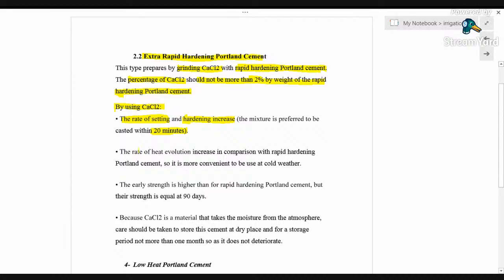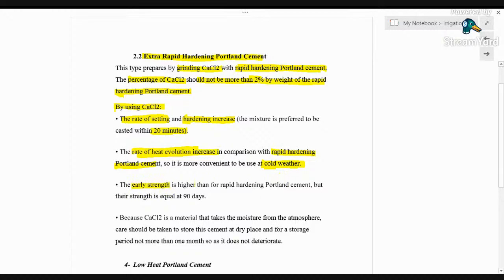The rate of heat of evolution increases as compared to rapid hardening Portland cement, so it is more convenient to use in cold weather. Generally, when we are designing a structure where the weather is very cold, we can use this extra rapid hardening Portland cement.